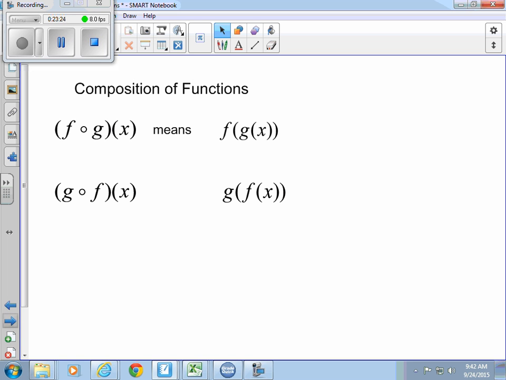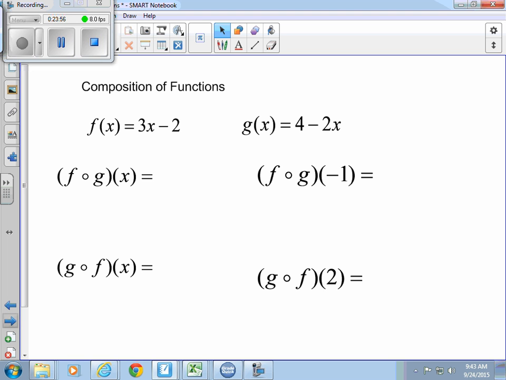So I'm going to rewrite f of g of x as f parenthesis g parenthesis x, which reads f of g of x. We're going to work that from the inside out. If you see g of f of x, that means g is the outside function and f is the inside function. That is a composition of two functions, a function inside a function.